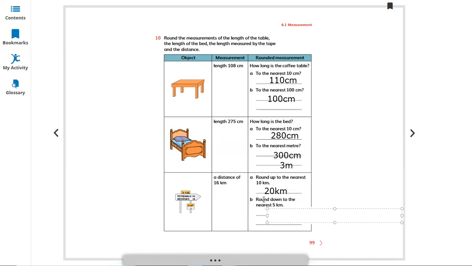Like this, if it's 15, 14, our answer is 15. If it's 16, 17, our answer is also 15. But if it's 18, 19, then we will choose 20. So 16 is nearest to 15.